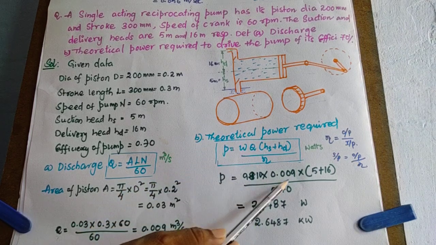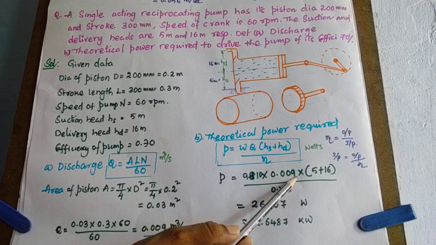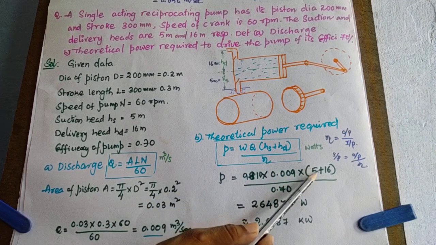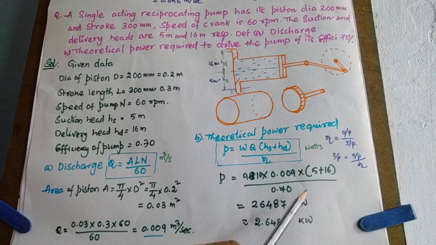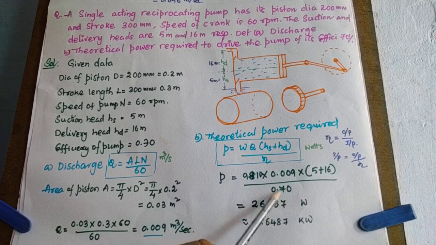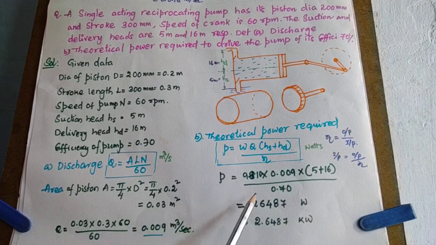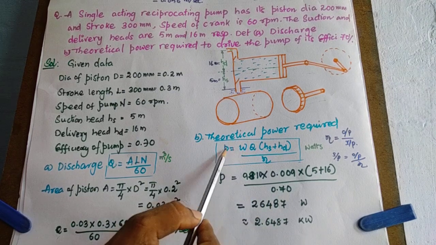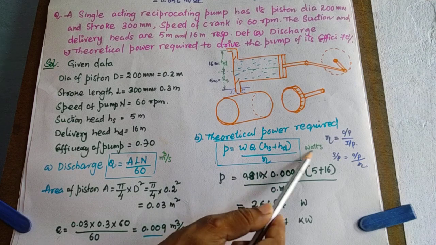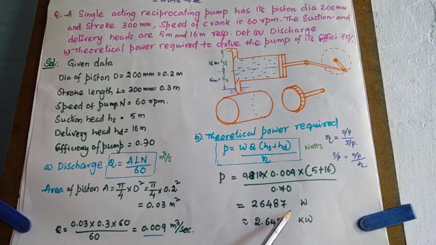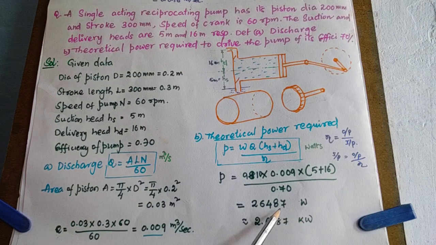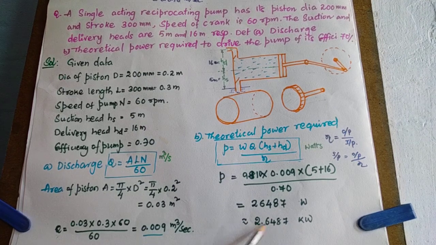So theoretical discharge Q equals 0.009, and the head value is the sum of these two values, 5 plus 16, divided by efficiency 0.70. That will give the value 26487 watts. The unit for this power is watts only, so you may convert this value into kilowatts by dividing it by 1000.